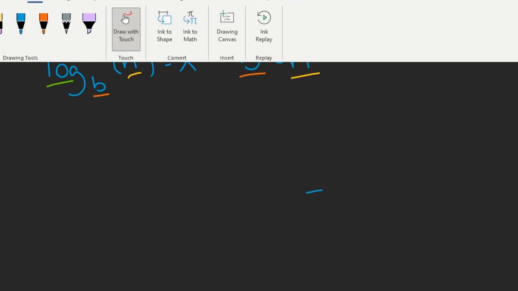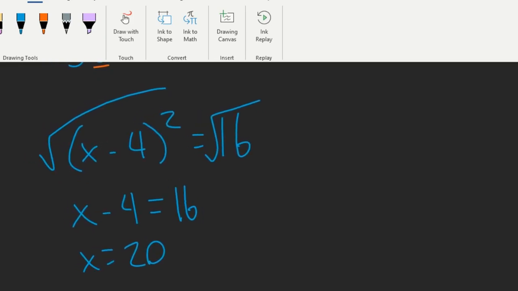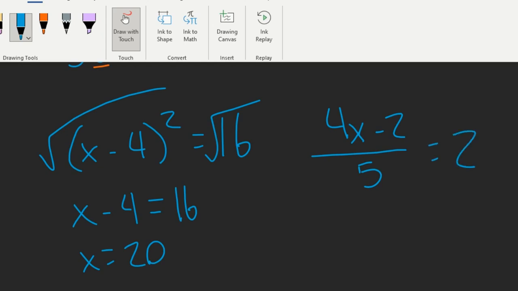Okay, we're going to go over some using inverse operations on some problems first, and then we can move on to the next lesson. Next, we've got (4x minus 2) over 5 equals 2. Before we can do anything else, we need to get rid of this denominator, or the division.